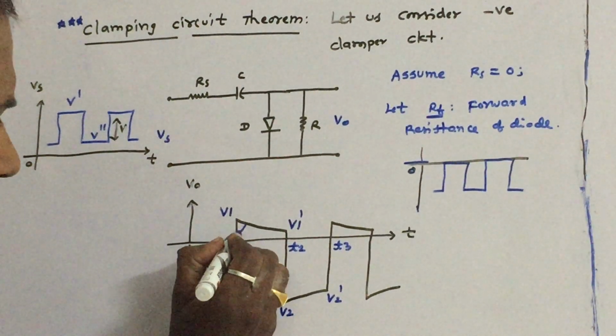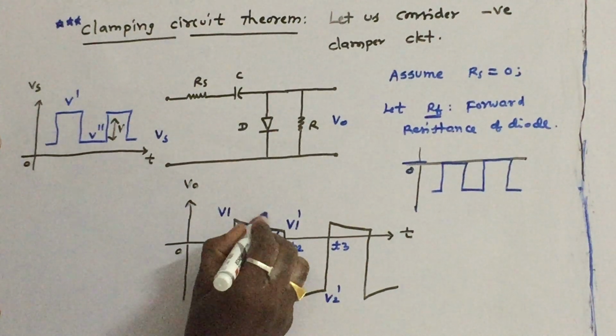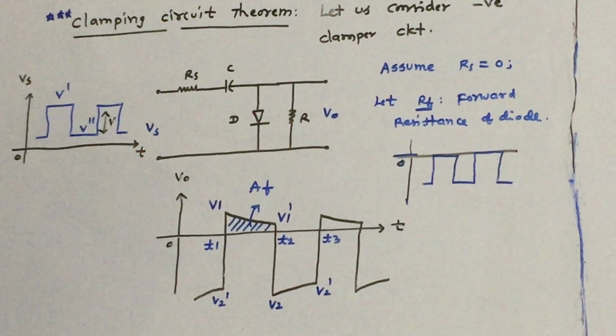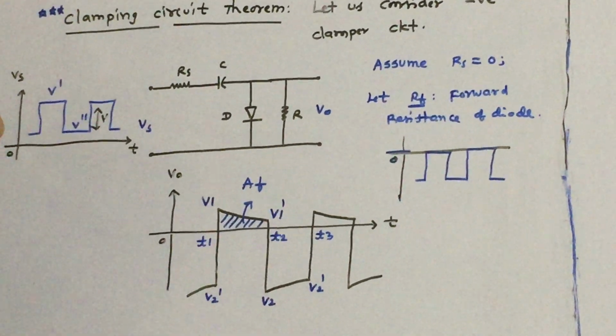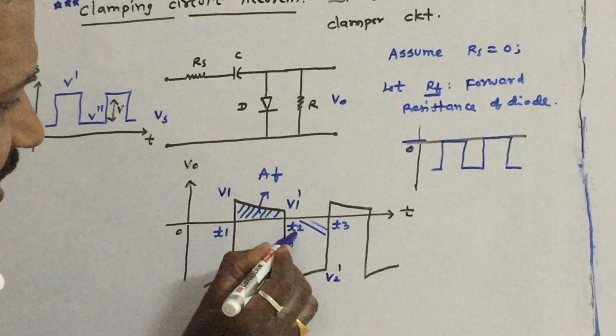Let us assume that this is the area in the forward direction. Let us call this area AF, very important: the area in the forward direction. So let us shade this area.